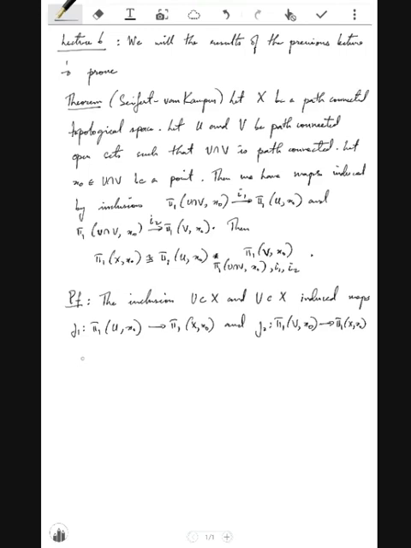And we have a commutative diagram: pi 1 of U intersection V, X naught.